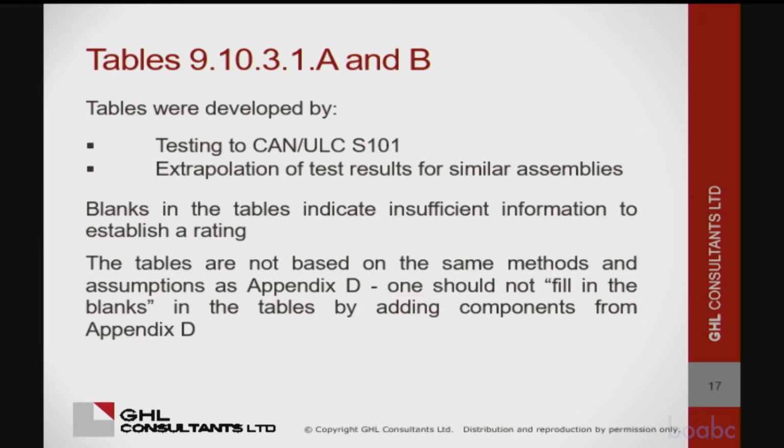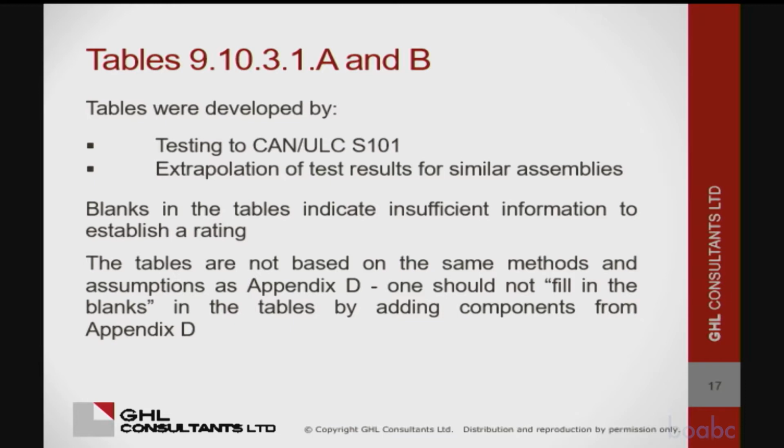And they tested a bunch of things, and then they interpolated those results to come up with a whole bunch of other fire separations. So like every fire separation in the building code isn't tested. Some of them are just sort of made up based on what they knew about tests in other things.